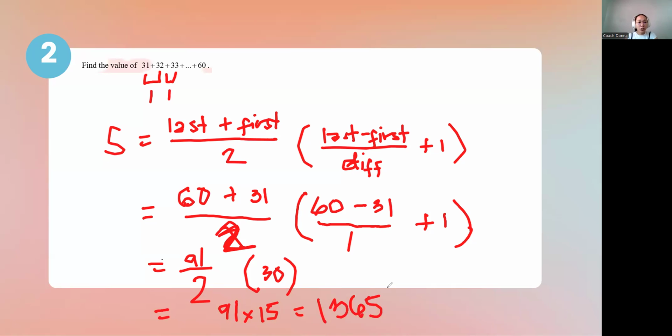Our answer should be 1,365. That is making use of the arithmetic sequence sum if you only have an arithmetic sequence. That's it for our question. Let us proceed to the next one.